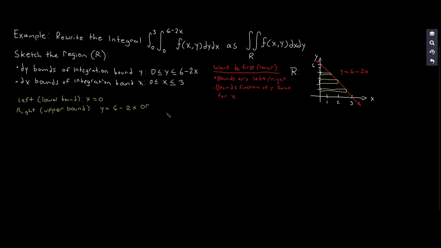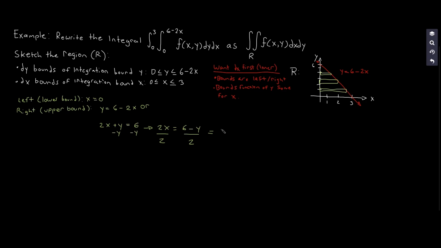Or if we wanted to solve this for x, I'm going to add 2x on both sides. That's 2x plus y equals 6. Move that y over, and that's going to be 2x equals 6 minus y. Divide both sides by 2.